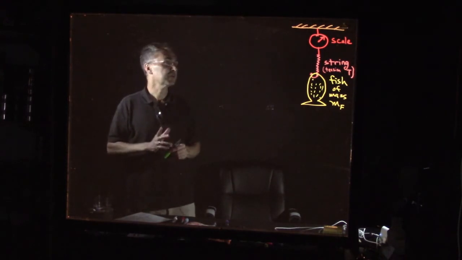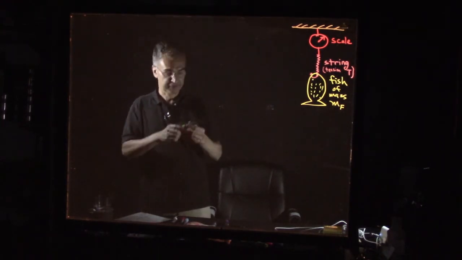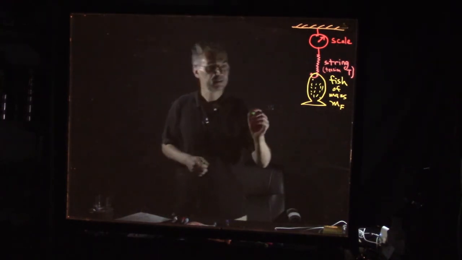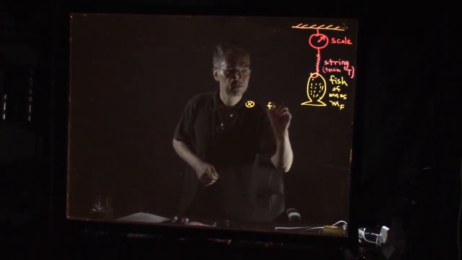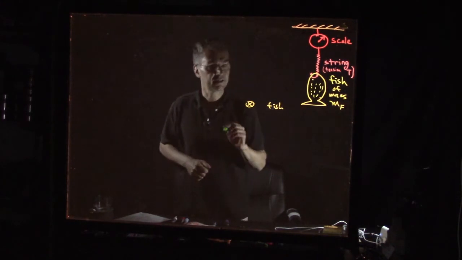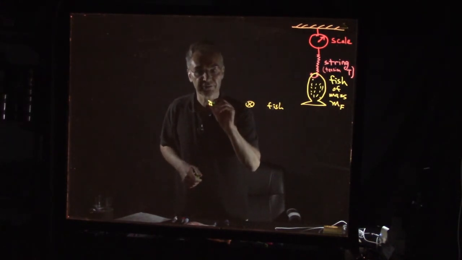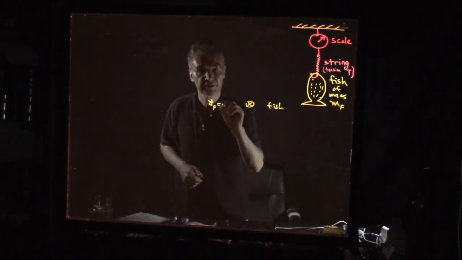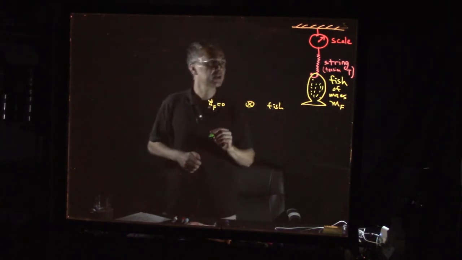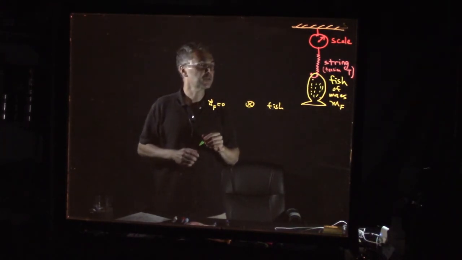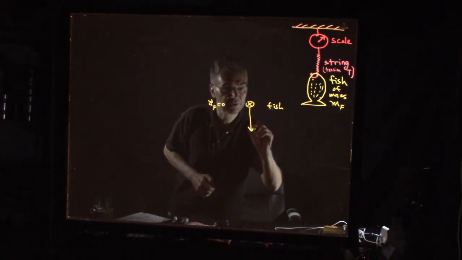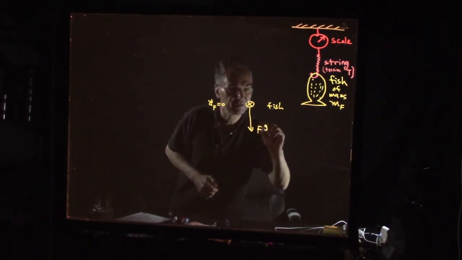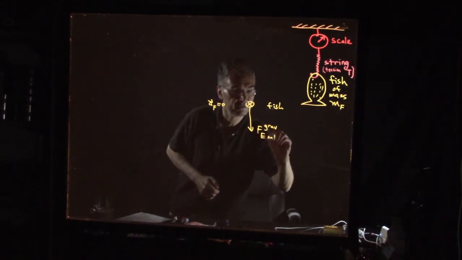Okay, so if we draw a free body diagram for the fish, here's the fish. Let's say the acceleration of the fish is 0. So what do we have for forces on the fish? Well, there's the weight of the fish. So here is F gravitational exerted by Earth on the fish.